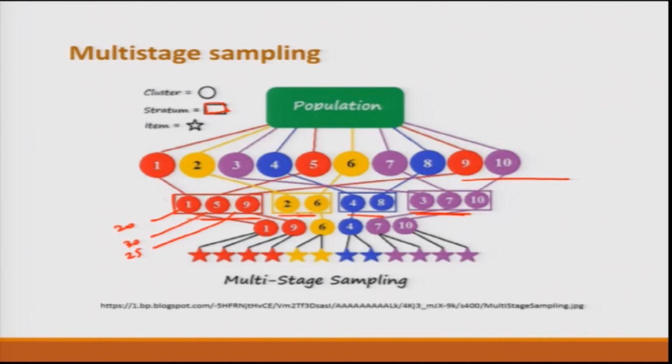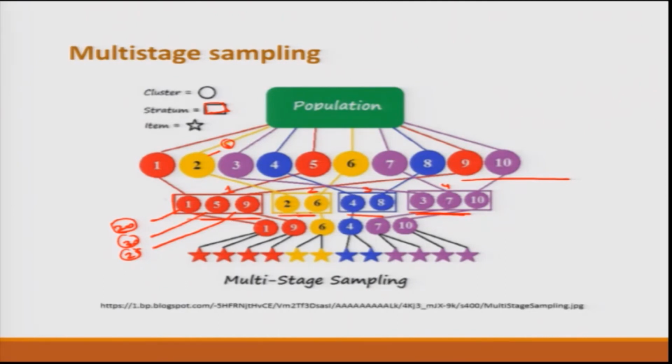Number 2 might have 5 items. So, these are specific items in them. These clusters are divided into strata: stratum 1, stratum 2, stratum 3, stratum 4, and out of these the cluster is picked up.